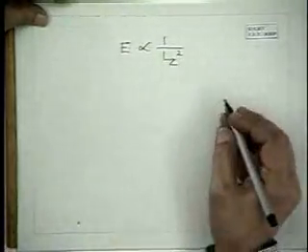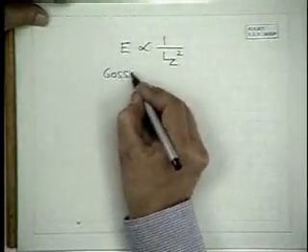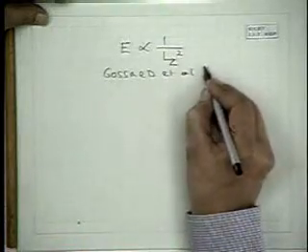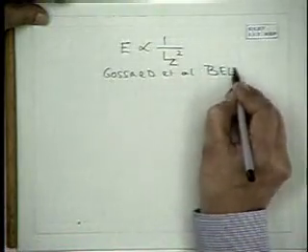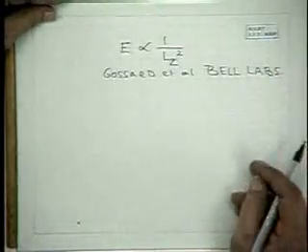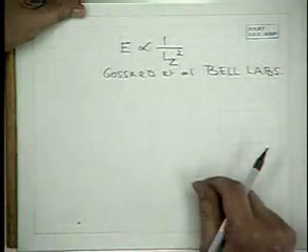So this work was first done by Gossard et al. at Bell Labs. And it showed that even at room temperature, excitonic features are observable.